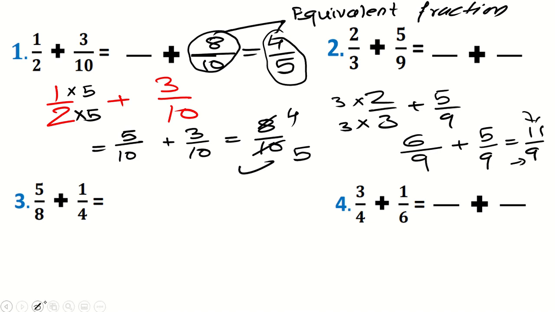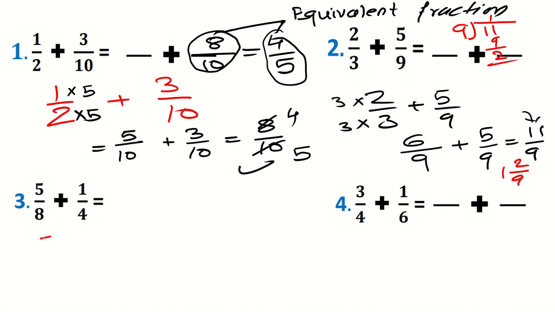What's the name of this type of fraction? It is called improper fraction. And what do we do with an improper fraction? You will divide it to write it in the form of a mixed fraction. So 9 ones are 9, 2 remainder. The answer will be 1, the quotient, comes before, and then 2 over 9.